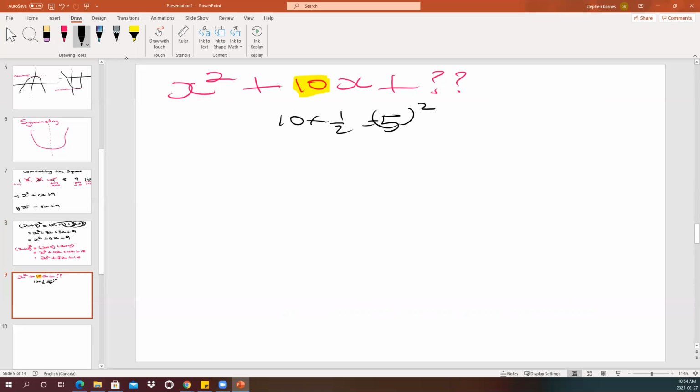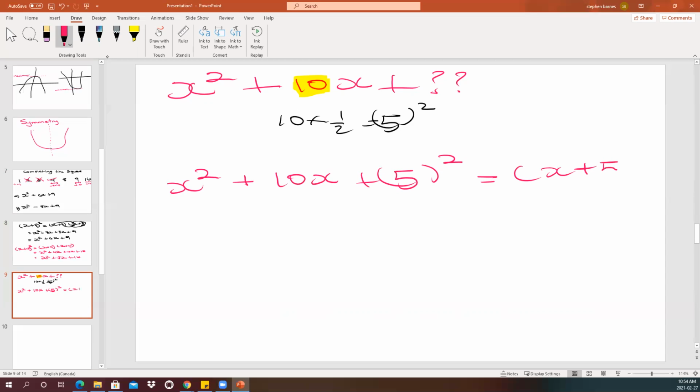But we're not going to write it out. Remember, we're trying to find the c value. So we're going to have x squared plus 10x plus 5 squared. That is supposed to give you x plus 5 squared, just like how before we had x plus 3 squared.